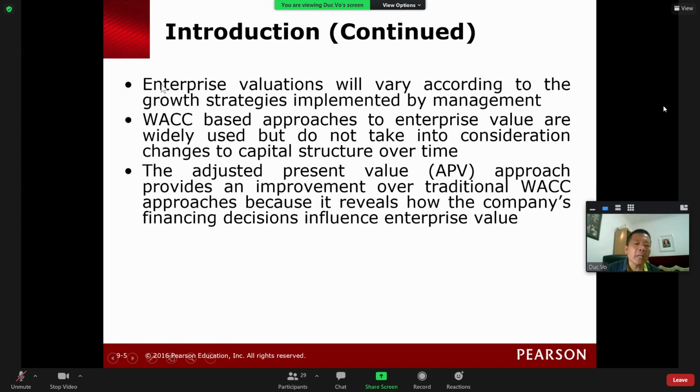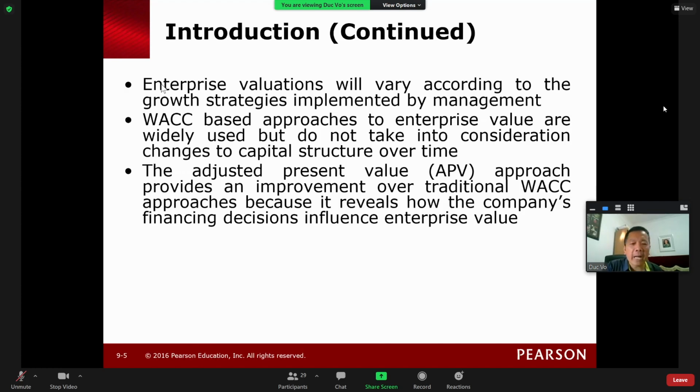If you think about a project, then it is sensible. If you implement the project and contribute 40% for equity and 60% for debt, and it lasts for 10 years, then clearly it can be maintained.